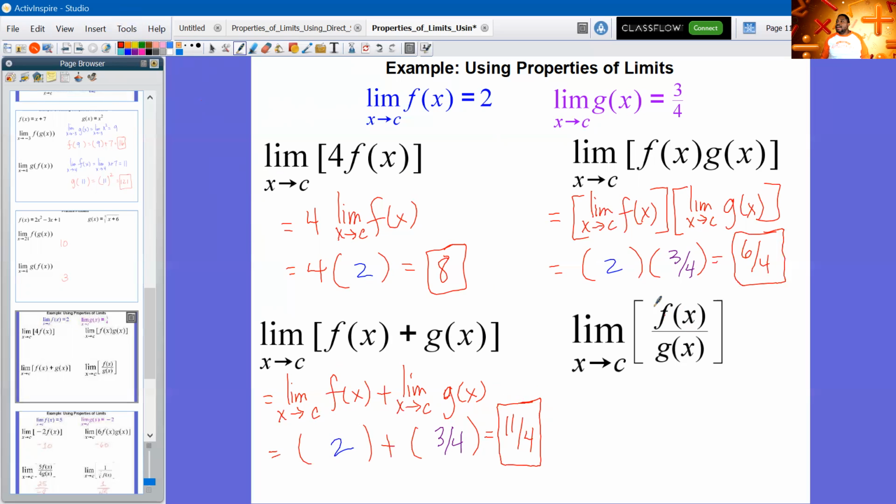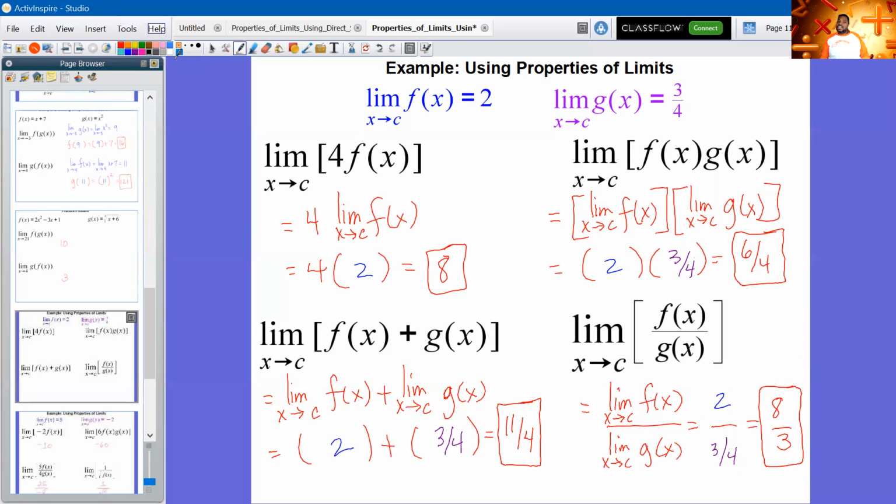And then finally, I have the limit of a fraction. That's equivalent to taking the limit of numerator and denominator. When I divide these, I'm actually going to be multiplying by the reciprocal, and I get 8/3 as my limit.